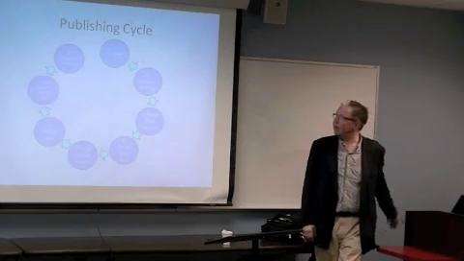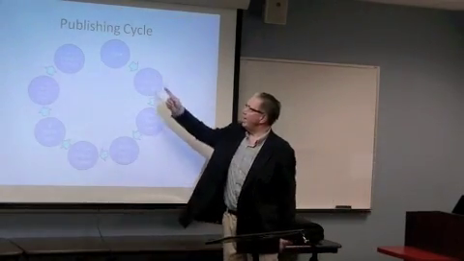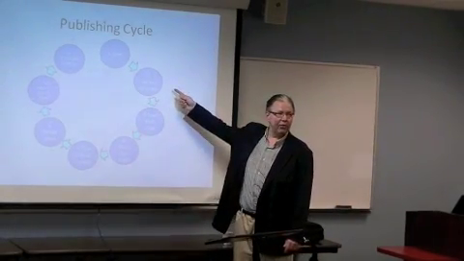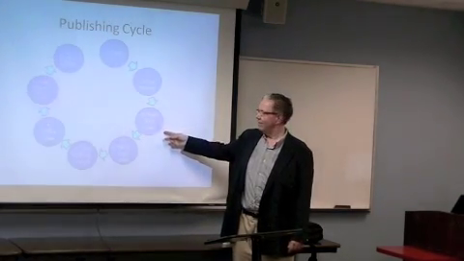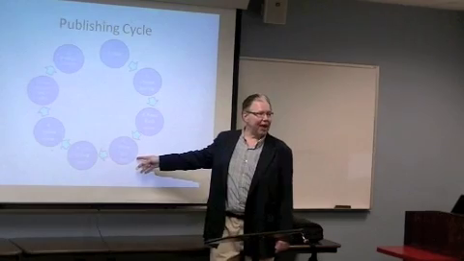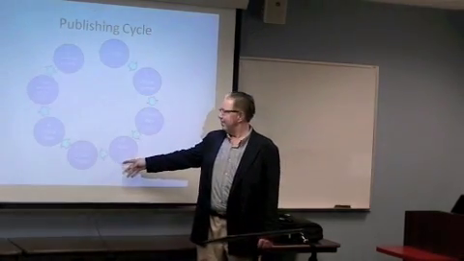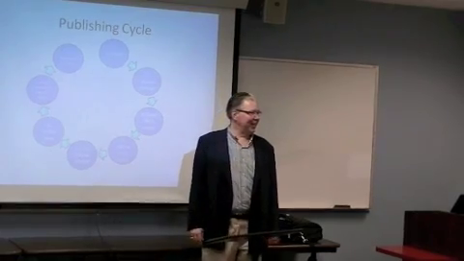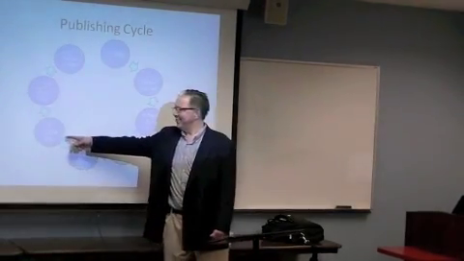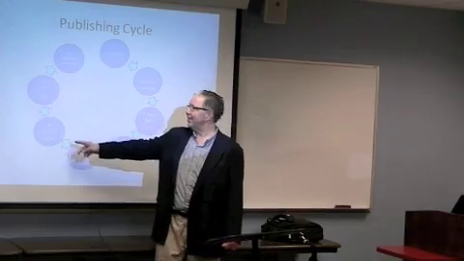Here's the process of publishing. You have an idea, you choose the journal, you read back issues, you write a first draft, use a critical friend, test your humility now. Refine your ideas from what your critical friend says.